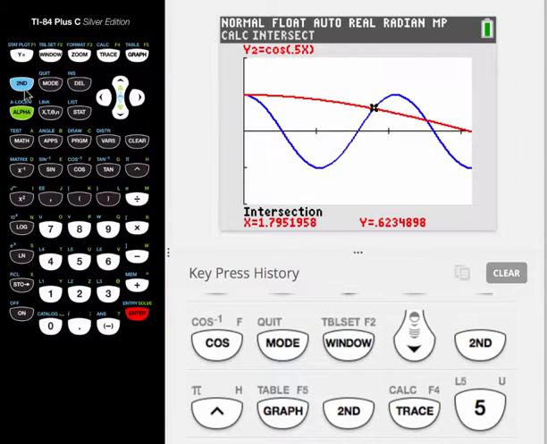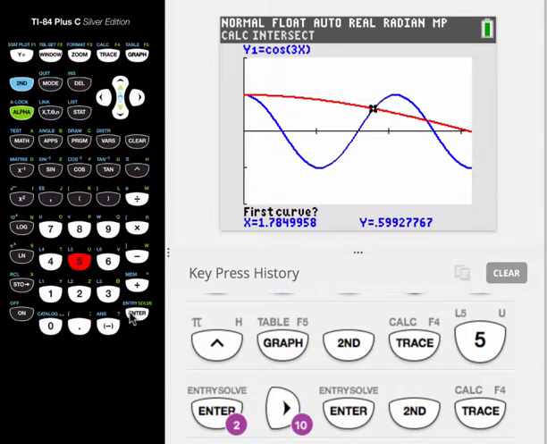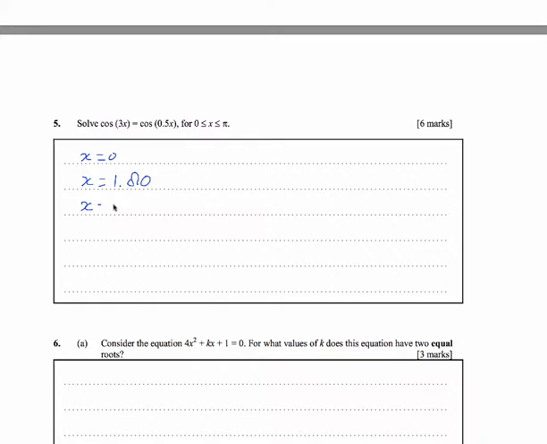Now the other one, second calc, 5, guess close to the intersection point: 2.513, so that's 2.51 to 3 significant figures. So x equals 2.51. Boom, done.